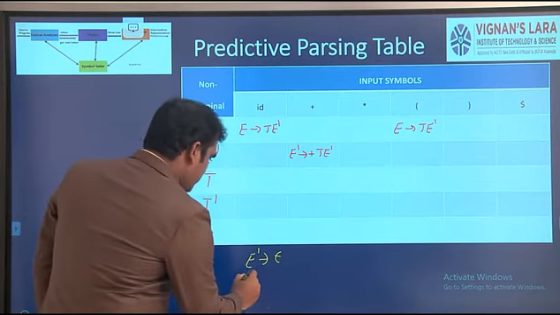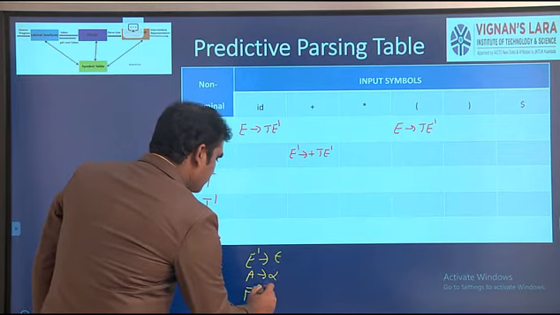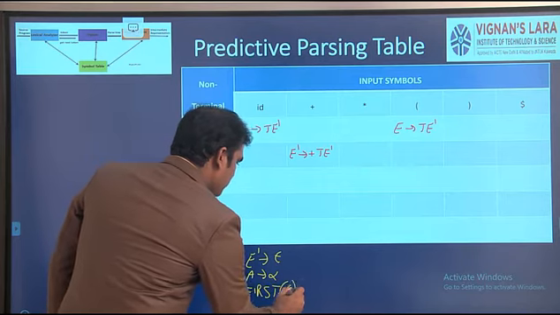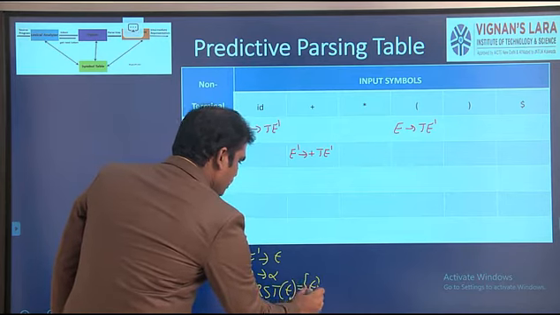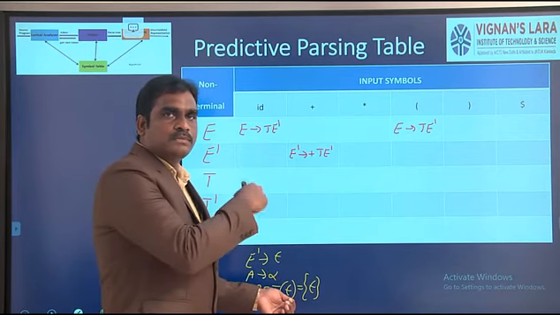Again compared with A to alpha. Now find first of alpha. First of alpha means epsilon, first of epsilon means epsilon. So in this case the first of alpha contains epsilon, so we go for rule 2.